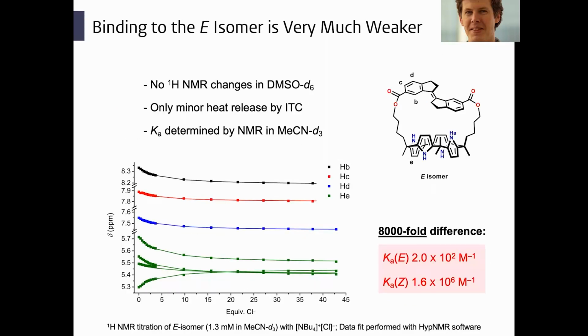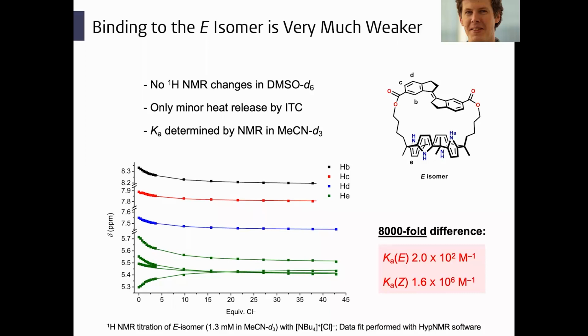When we did similar studies for the E isomer, I was a little bit surprised initially. So when we started adding chloride to the E isomer, we did not see any changes in the NMR spectrum when we performed the studies in DMSO. So we did expect an affinity difference, but we still thought some binding would happen to the E isomer. But it does not. It did not bind at all to the E isomer. And also when you do ITC studies, you see only very minor heat release, not significant.